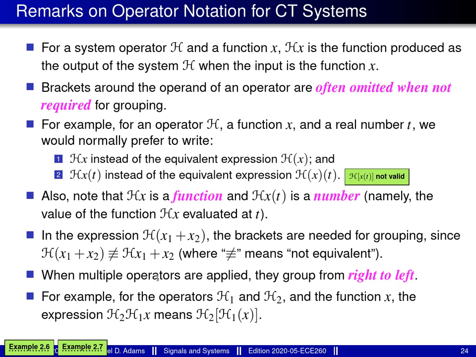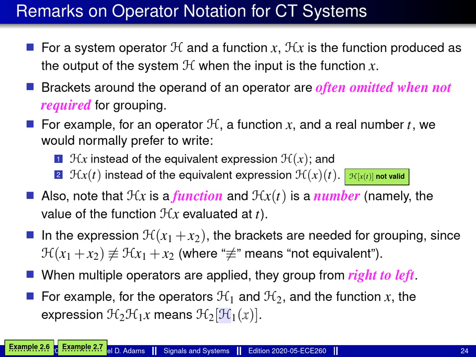The last comment I want to make here is that when there are multiple operators involved in some kind of mathematical expression, they group from right to left. So for example, if we write an expression like this, h2 h1 x, where h2 is a system operator and h1 is a system operator, the implied grouping is what's shown here. We first take h1 and we apply it to x.